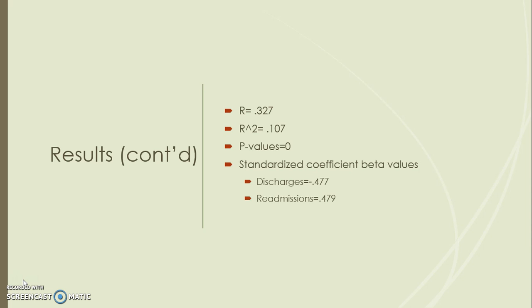Both the average number of discharge and readmission have p-values less than 0.05 at 0. The standardized coefficient beta values for the discharges and readmissions were negative 0.477 and 0.479 respectively.